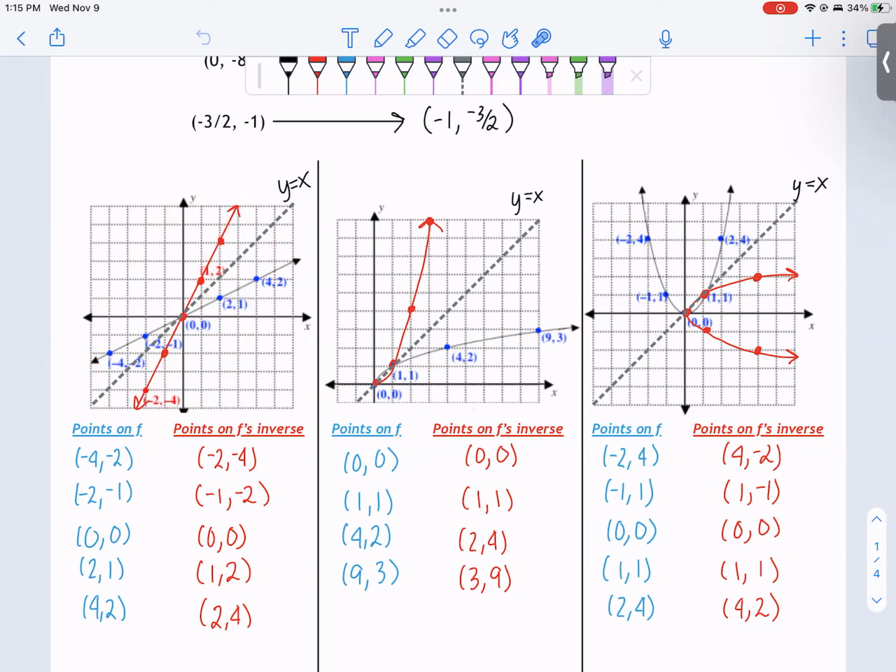This inverse is a function. I'll make a note right here. Inverse is a function. Passes the vertical line test. And if we look here, this little red graph would pass the vertical line test. So the inverse of this graph is a function.